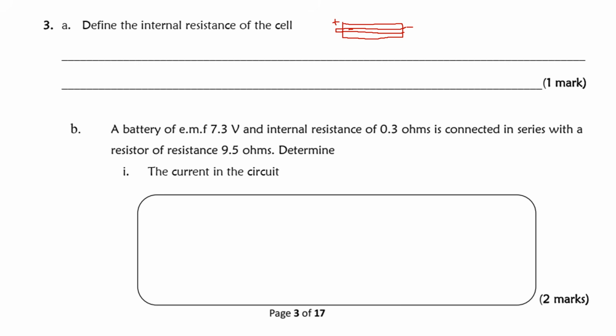And besides the carbon rod, there are chemicals inside. So these chemicals will make the cell resist or offer a resistance to the flow of current, to the current flowing through.